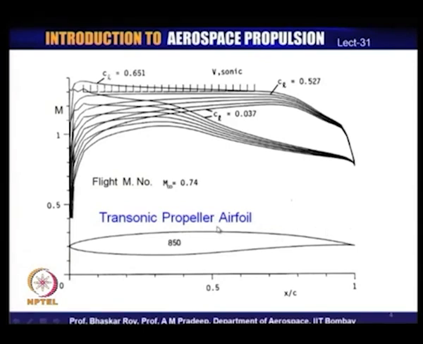That is why it is called a transonic propeller, and the blade shape that you see here is also created. These are typically computer generated aerofoil shapes, and they are created for propellers. These aerofoils are not used for any other purpose in any other kind of aerofoil applications. They are typically created for propellers, and as I mentioned, they are computer generated to conform to the transonic local flow that is expected to be present during propeller operation.